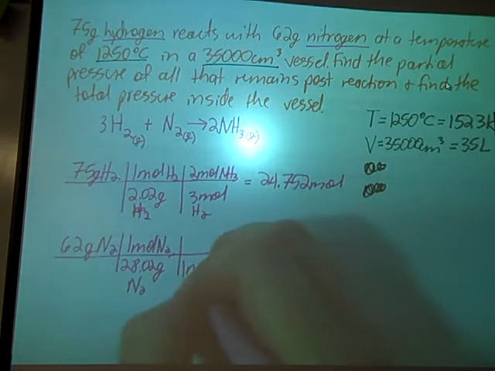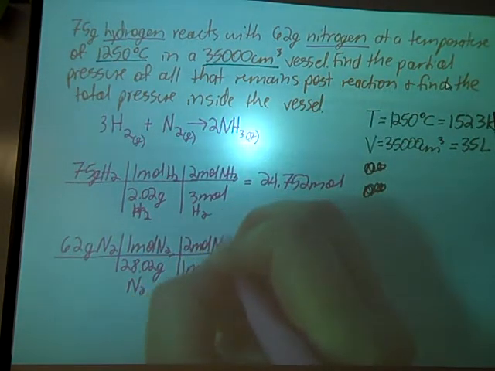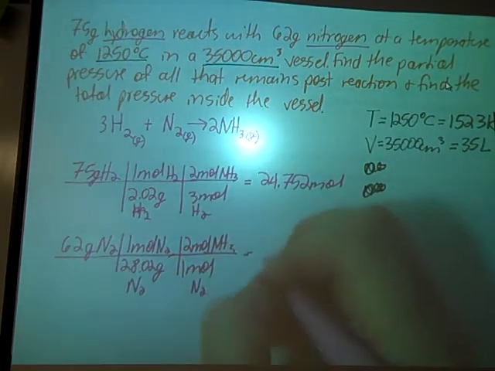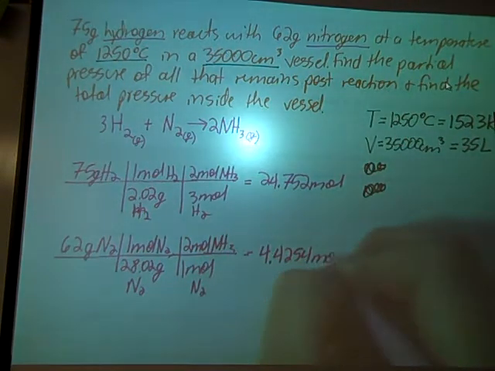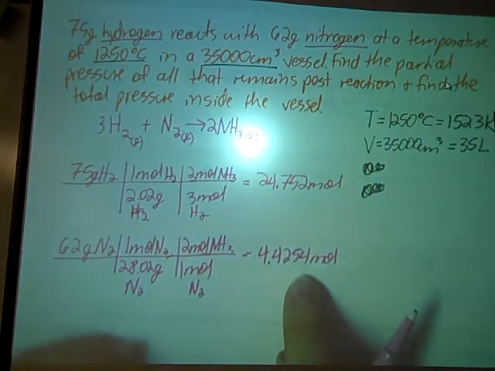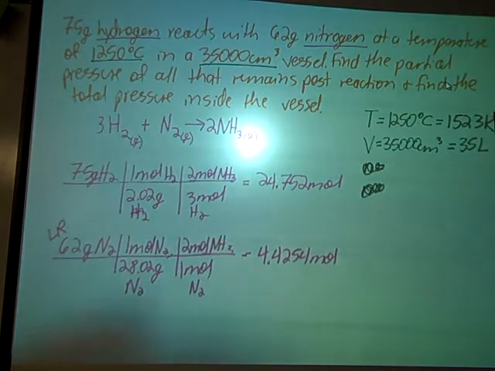Mole ratio gets me from reactant to product. So this is the smaller number. That makes nitrogen my limiting reagent, meaning nitrogen is going to run out first.